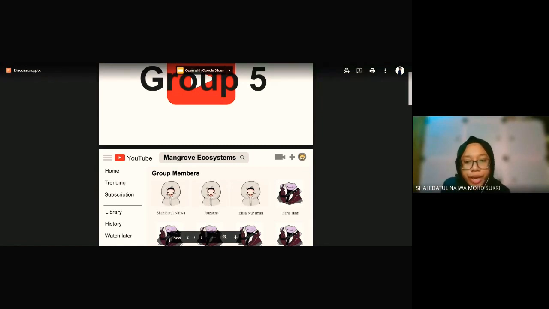And for the mangrove services, other than coastal protection, we can add that mangrove is important for carbon sequestration, where it balances the carbon concentration in the atmosphere by absorbing it through mechanisms like photosynthesis and others.